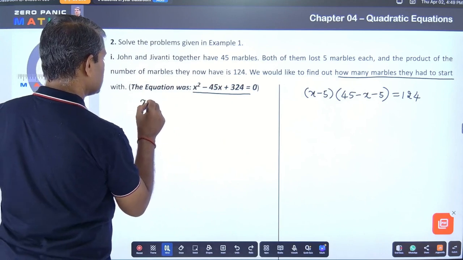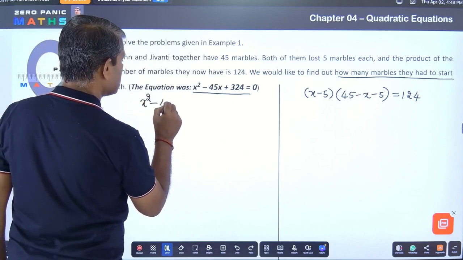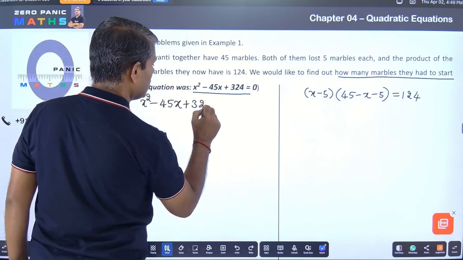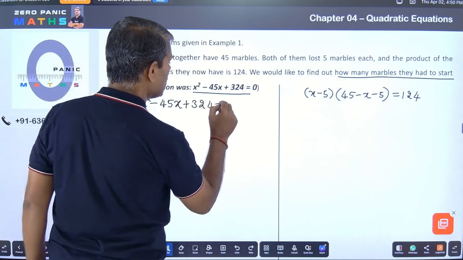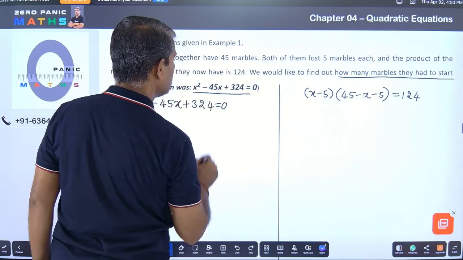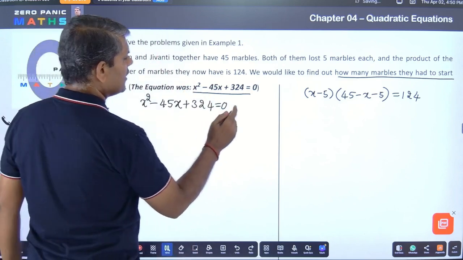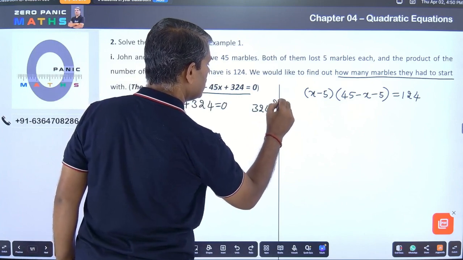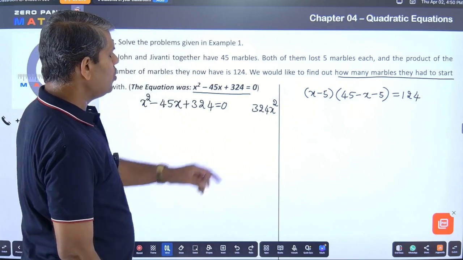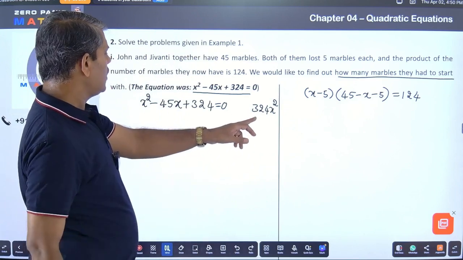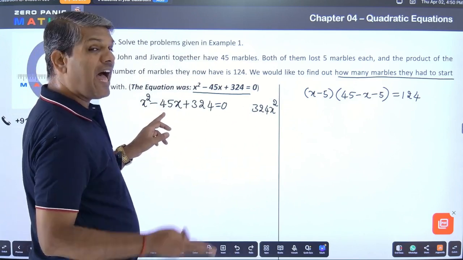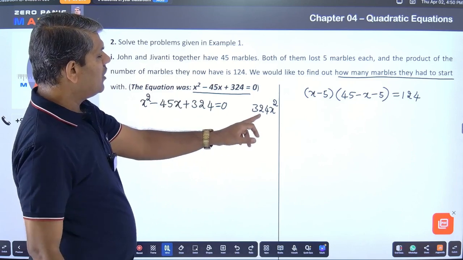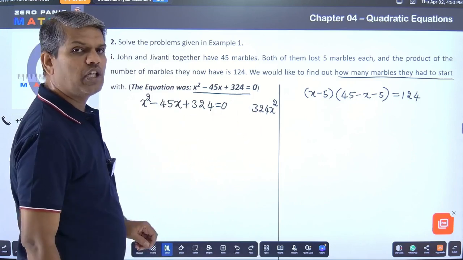Let us write x square minus 45x plus 324 is equal to 0. As usual, look at the first and the last term, 324. You need to get two values whose sum gives minus 45 and whose product gives 324.